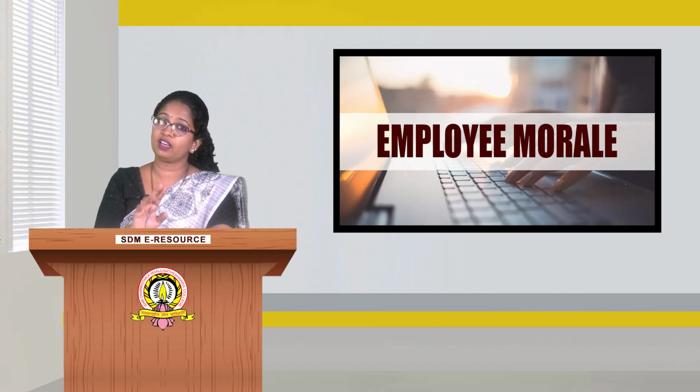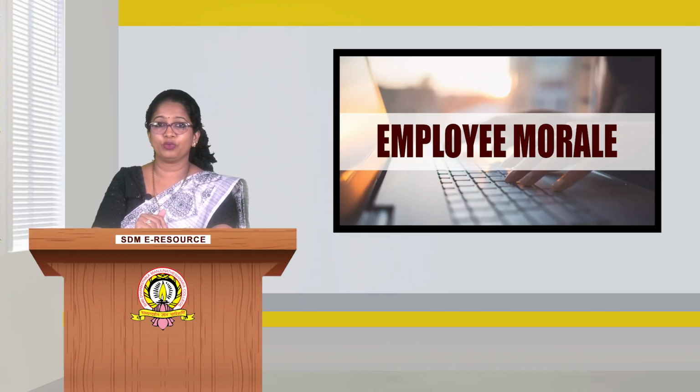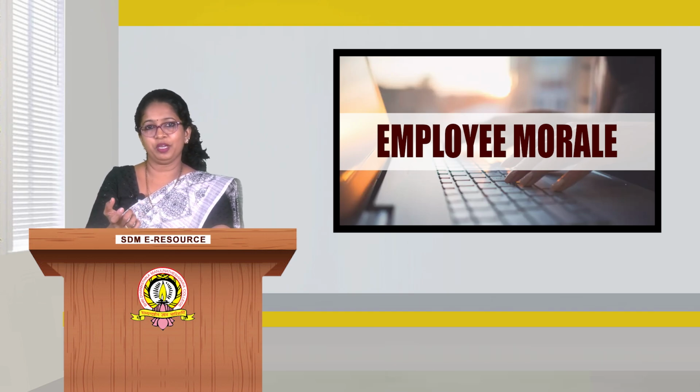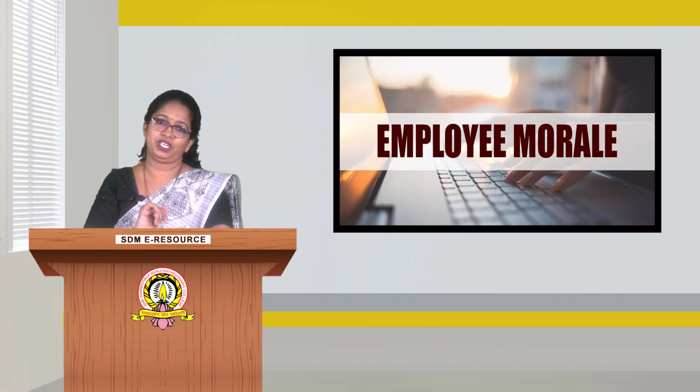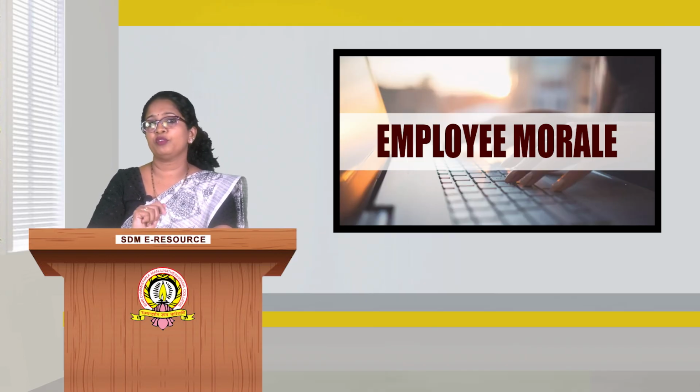Next are the delta cells, which secrete somatostatin, an inhibiting hormone that inhibits the release of both glucagon and insulin. PP cells, pancreatic polypeptide cells, also called gamma cells or F cells, secrete pancreatic polypeptide hormone, which plays a role in appetite as well as in the regulation of pancreatic exocrine and endocrine secretions.